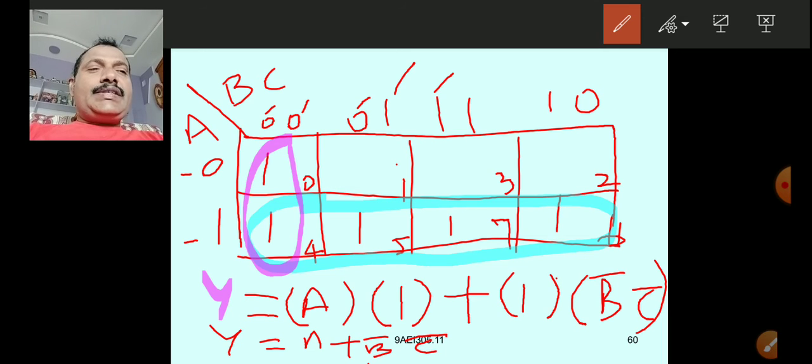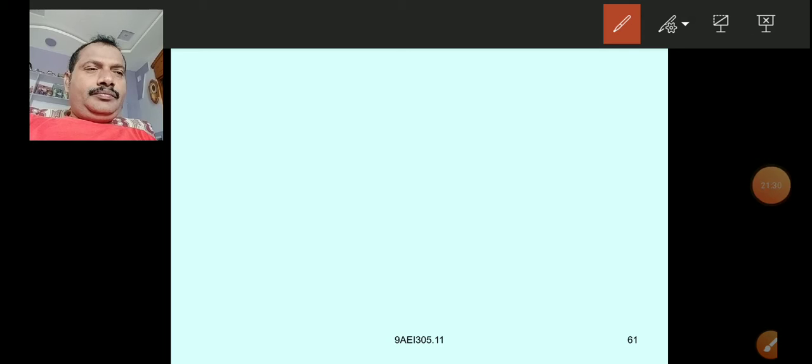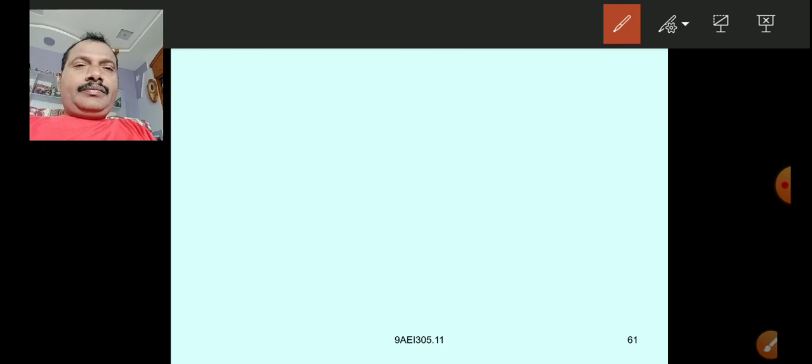Now let us implement this expression using gates. Okay, now let us implement this expression. First, what you have to take is B bar. To get the B bar, you have to take a NOT gate.